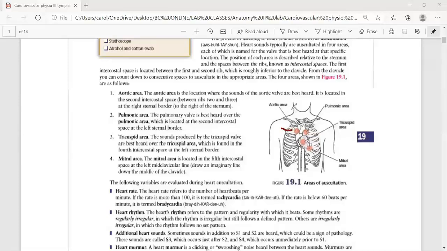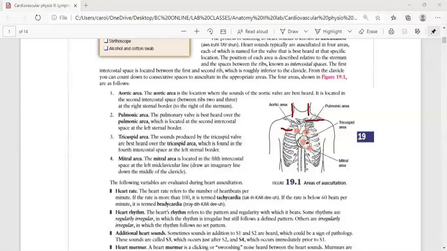So you do that on the right side, that's going to be aortic. You go to the second intercostal space, but on the other side, that's going to be the pulmonic, on the other side of the sternum, as you have said. Then you go down 2 spaces to the 4th space, more or less, which is sort of this one, the tricuspid. And then this is your clavicle right there.